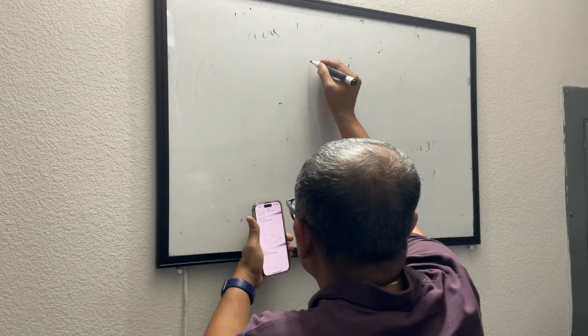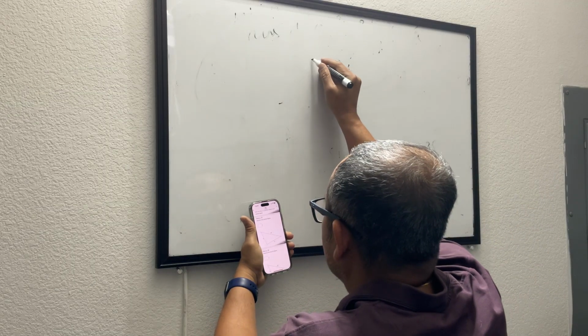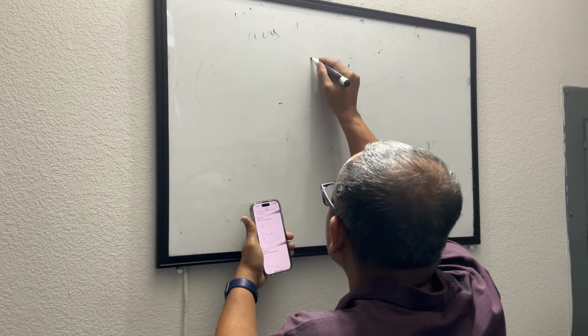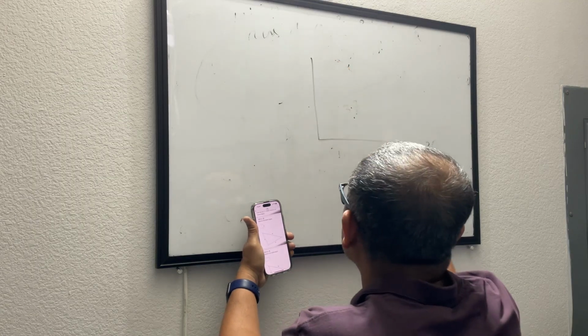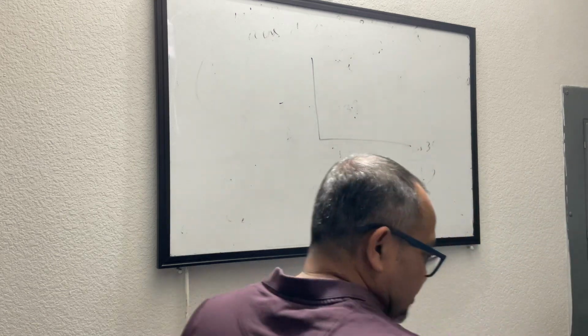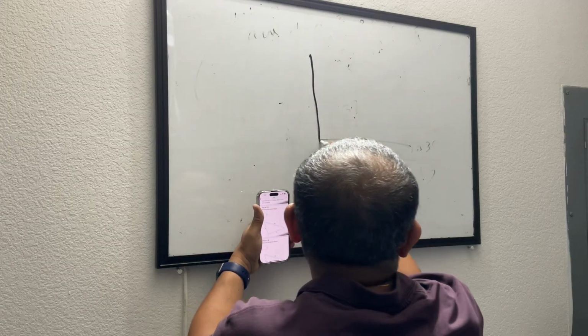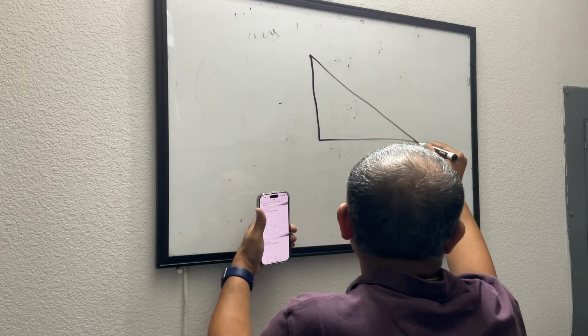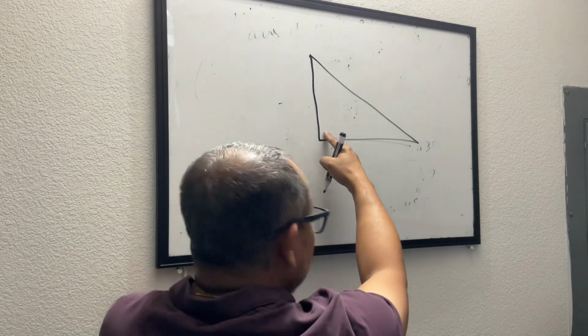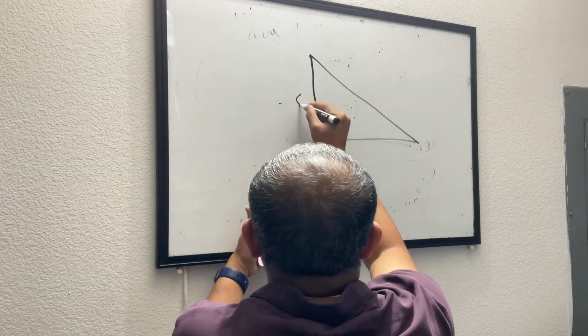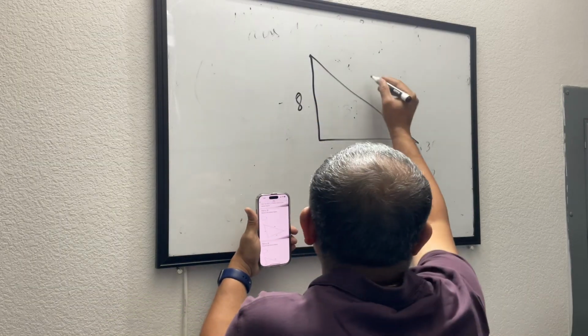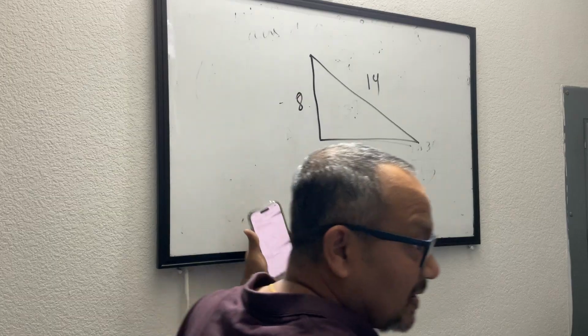The marker is not working. So we have, and I'm not saying this is a right angle, sides 8, 11 and 14.